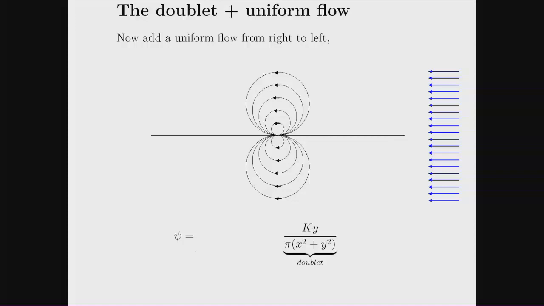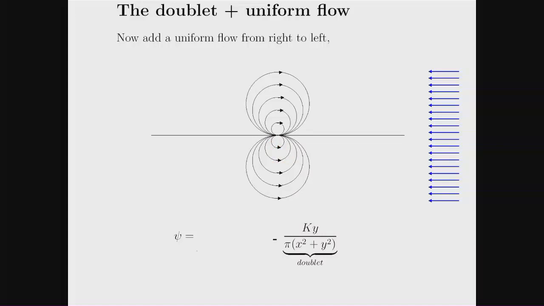Now, if my doublet is negative, I'm going to get the opposite flow, where now at the top here, my streamlines are moving in the clockwise direction, and at the bottom here, I have my streamlines moving in the anti-clockwise direction, okay?